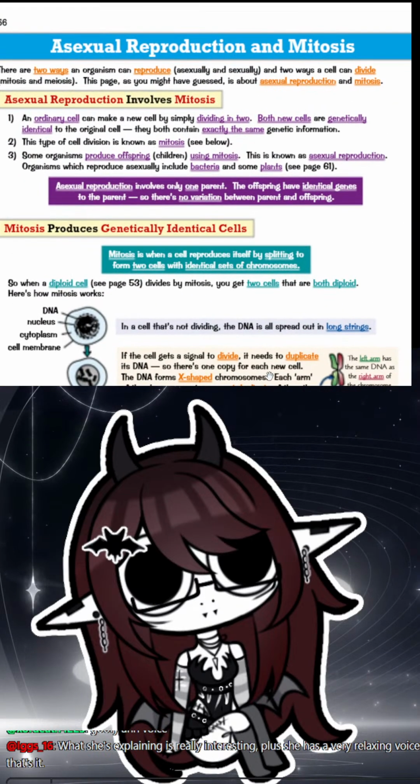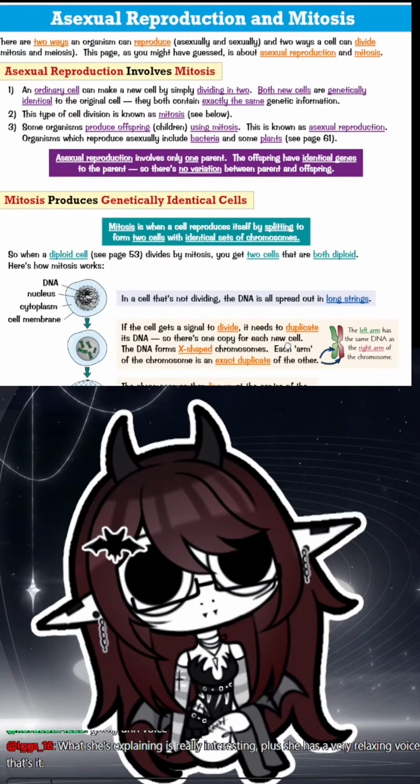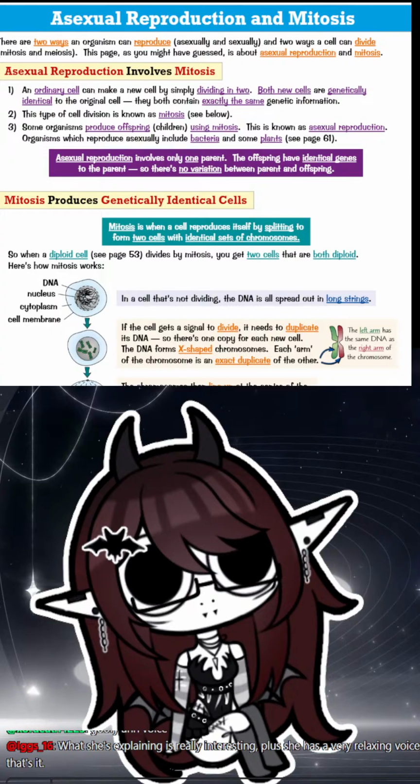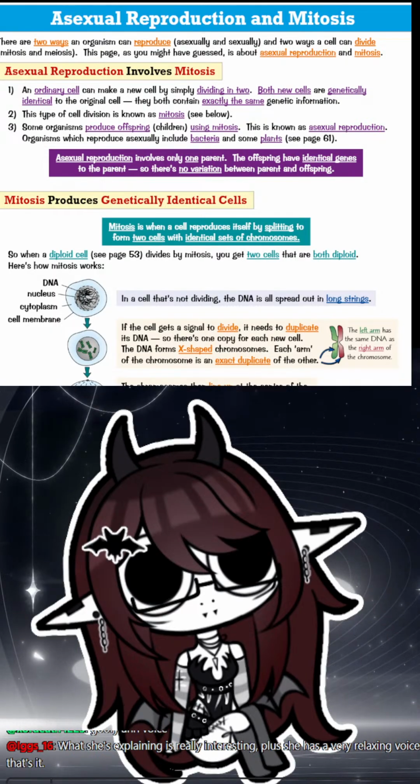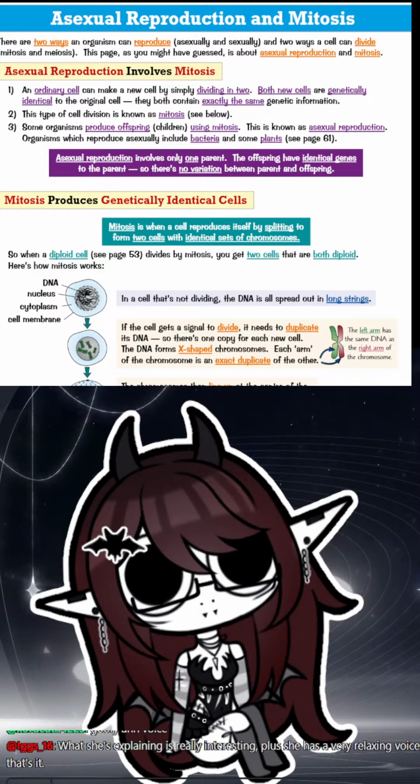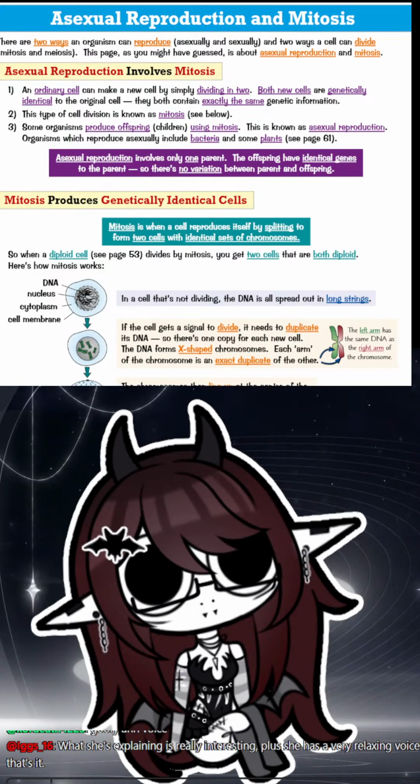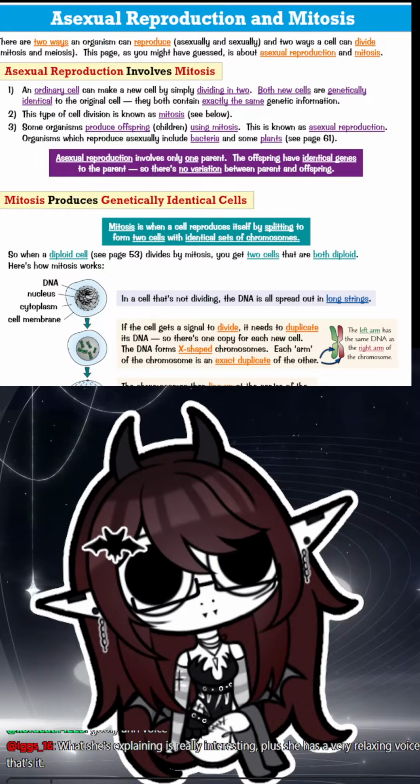Alright, let's go on to asexual reproduction and mitosis. There are two ways an organism can reproduce, asexually and sexually, and two ways a cell can divide, mitosis and meiosis. This page is about asexual reproduction and mitosis.